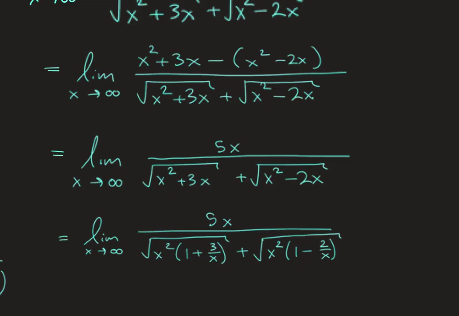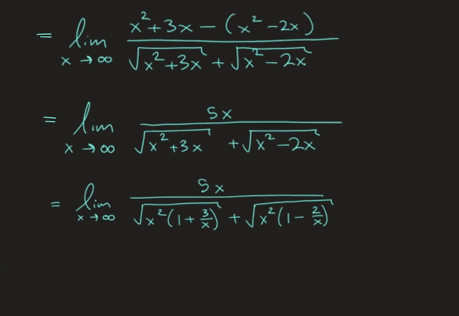Don't believe me? Just check my work. Grab the x squared, distribute it back. x squared times 1, oh, that's x squared. x squared times 3 over x, oh, that's 3x. Ah, nice. Same thing here. I have an x squared distributing to a 1, that's an x squared. x squared distributing to negative 2 over x, that's negative 2x. All right, so I haven't fumbled yet.